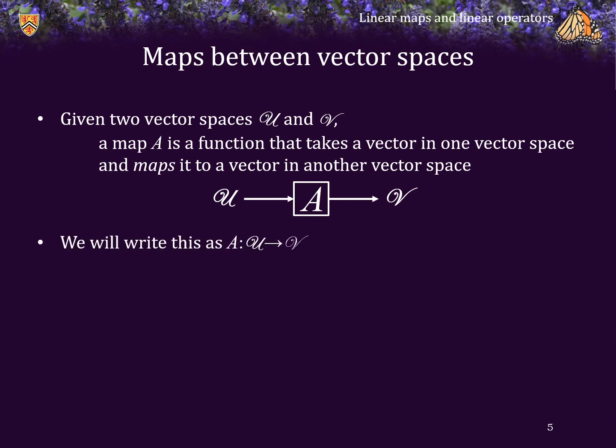We will also write this in the notation A colon the vector space U being mapped to the vector space V. Now, for A to be a map, A must map every vector in U to some vector in V, just like a function of the real numbers.